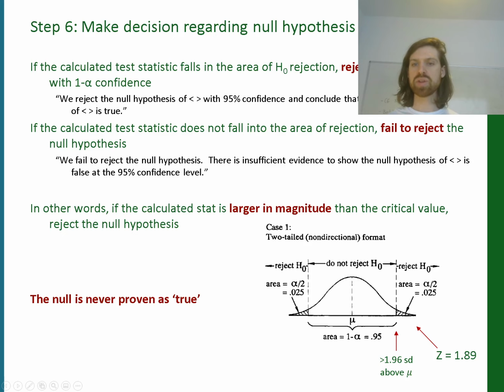And we conclude that the alternative hypothesis of house prices in Fairfax being significantly different from the state of Virginia is true. Okay, so I'm afraid that this seems long and clunky, but there's a very standardized way for us to make these statements.